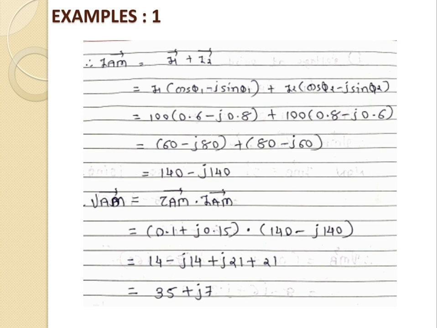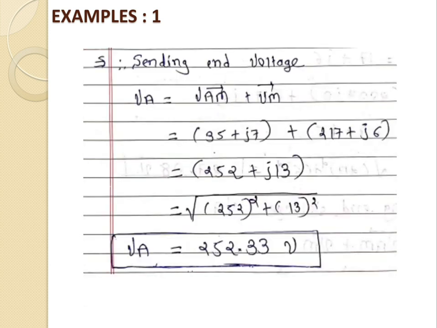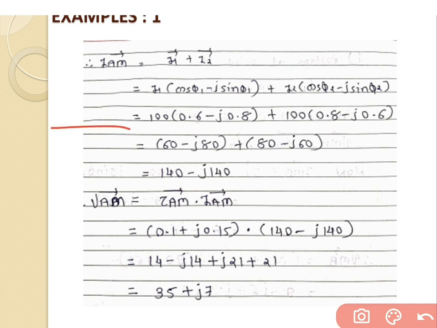So 100 in the bracket 0.6 minus j 0.8 plus 100 in the bracket 0.8 minus j 0.6. Try to solve the equation. So we can get the answer, 60 minus j 80 plus 80 minus j 60. Then the final answer for the Iam is 140 minus j 140.